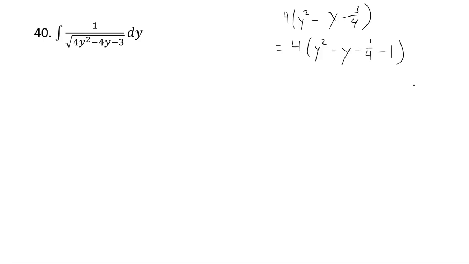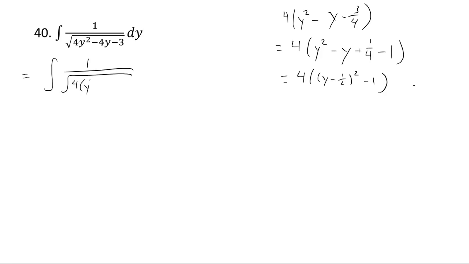Okay, so we can write this as 4 times y minus half squared minus 1. And by the way, since this is under the radical, let me write it first, just to show you, not to jump too many steps.